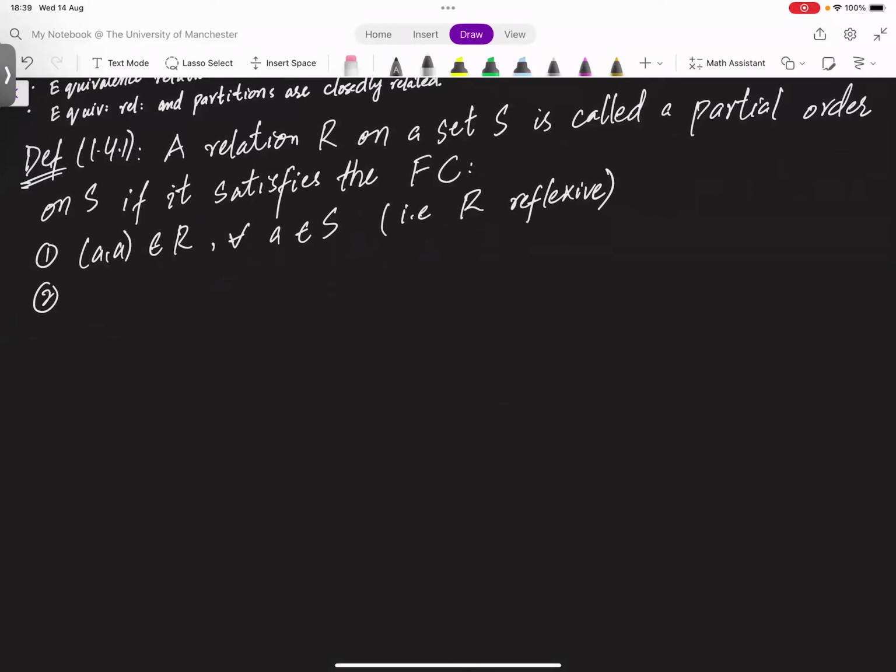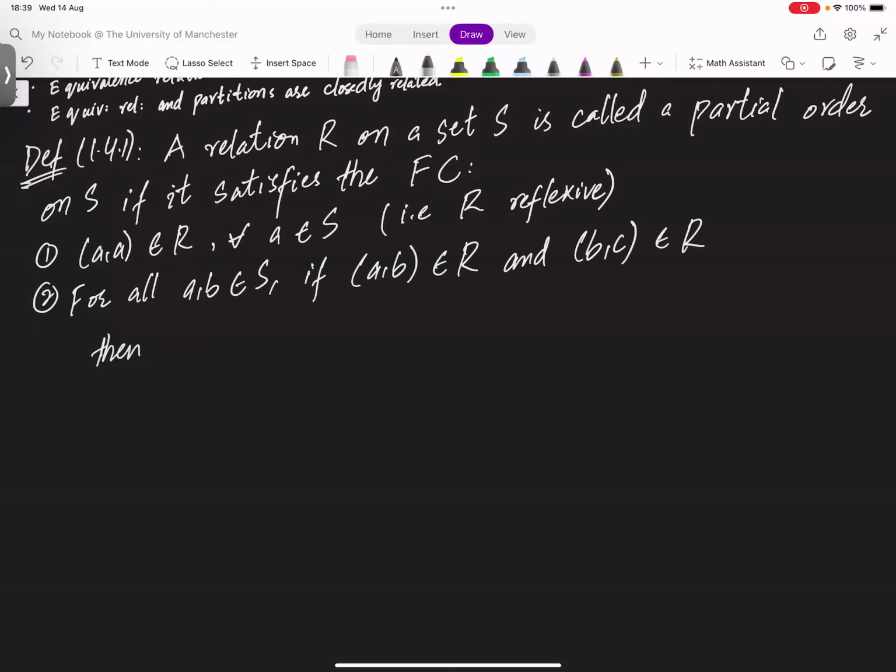Number two is that for all a, b inside set S, if (a, b) is inside R and (b, c) is inside R, then (a, c) is also inside R, which is the same as saying that R is transitive.